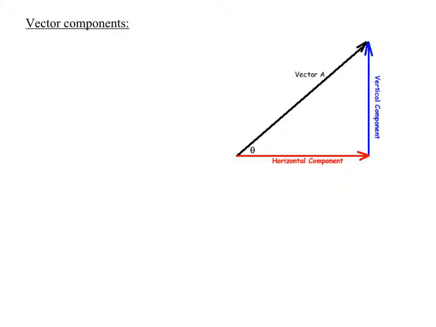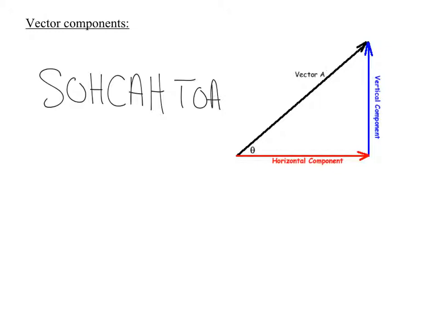If I wanted to set up a function, is it sine, cosine, or tangent for these two here? Again, for the horizontal component and vector A, would I use sine, cosine, or tangent for this angle? Not tangent. We're trying to write a relationship that relates the vector A and the horizontal component.